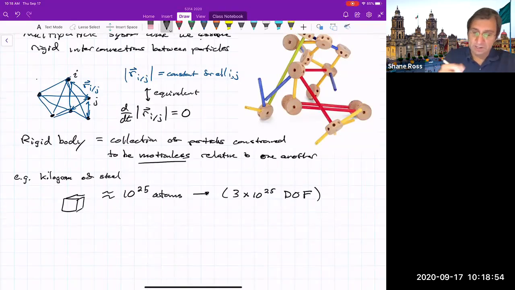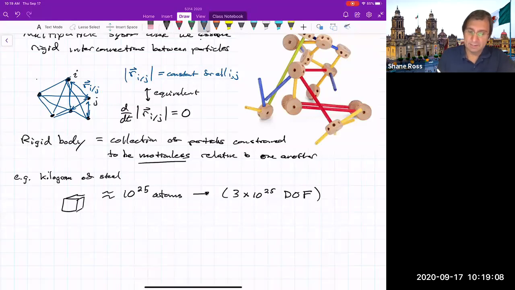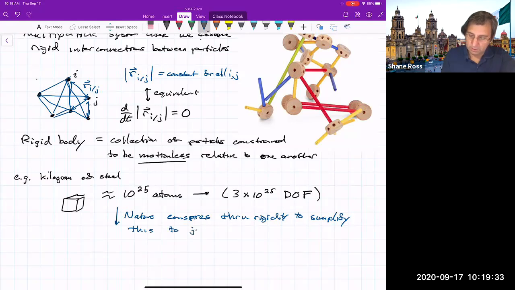So nature makes it really easy to deal with steel. We're thinking of the rigid case. Don't think of deformations right now, okay? That's what you learn in continuum mechanics. We're just saying everything's rigidly attached. So it's as if nature conspires through rigidity to simplify this system from effectively a zillion degrees of freedom to just 6.